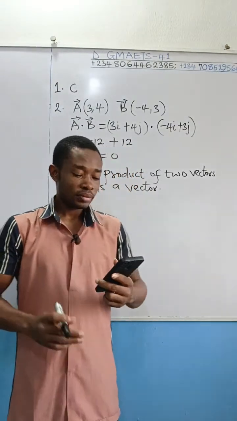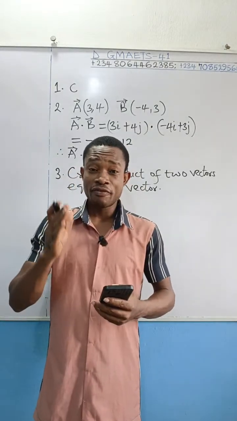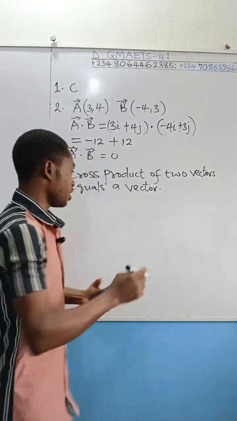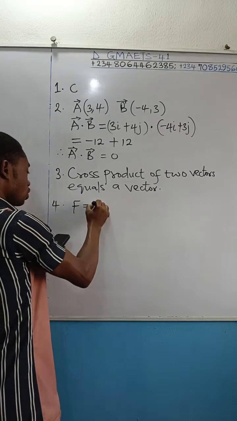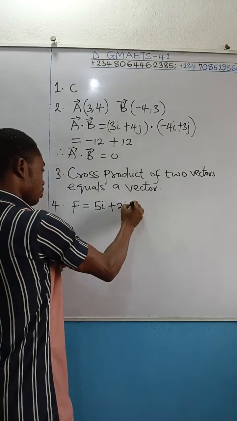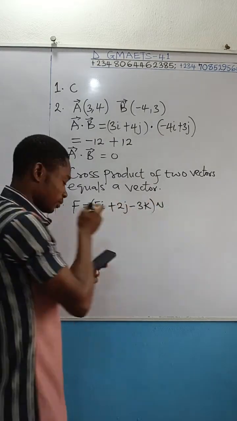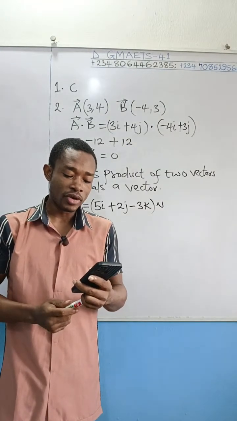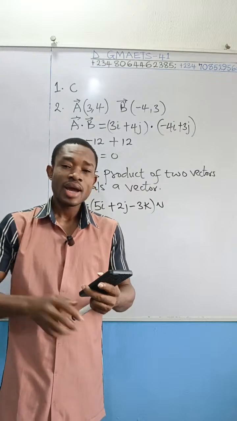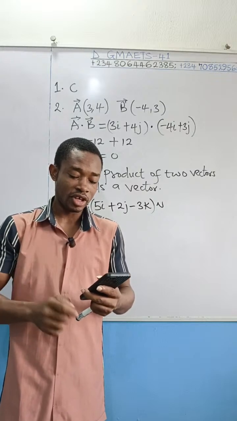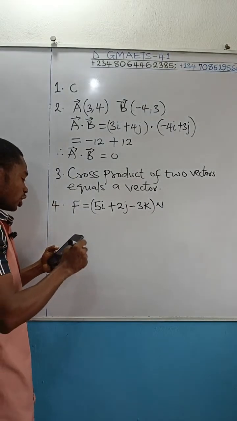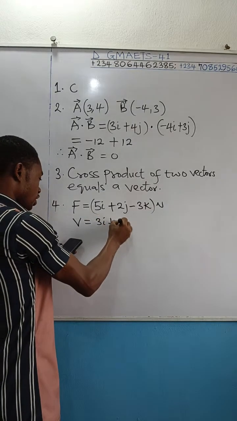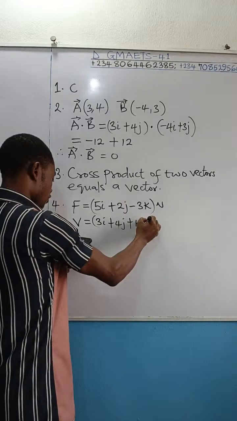Question 4. A force F equal to 5i plus 2j minus 3k in Newton acts on a particle moving with a velocity v equal to 3i plus 4j plus k in meter per second.